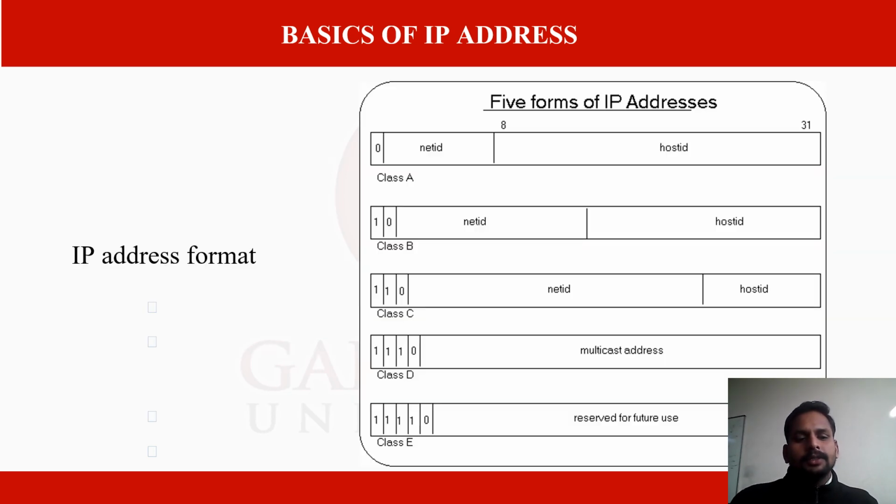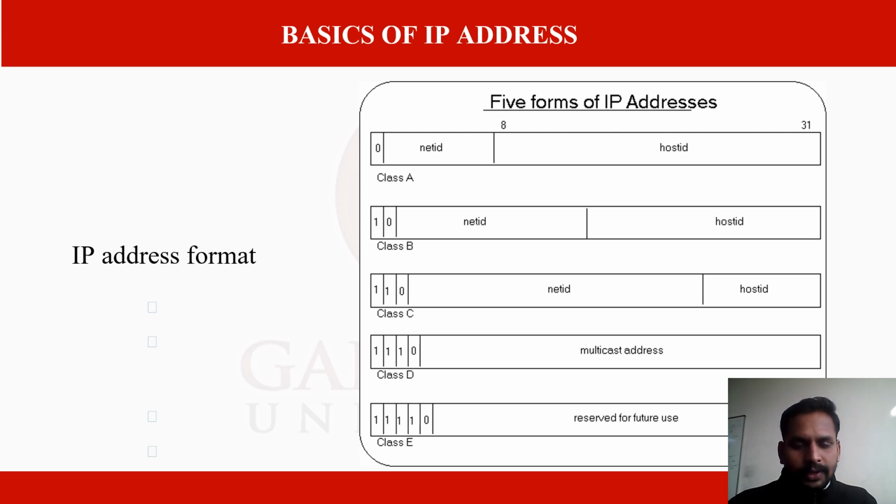This is a simple diagram which explains the five classes of IP addresses. In this diagram you can see a network ID and a host ID. For each class, the net ID increases and the host ID decreases. For class A we can use many more host IDs, that means we can add multiple client machines to a single network.